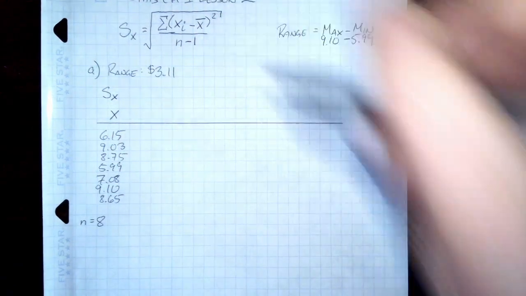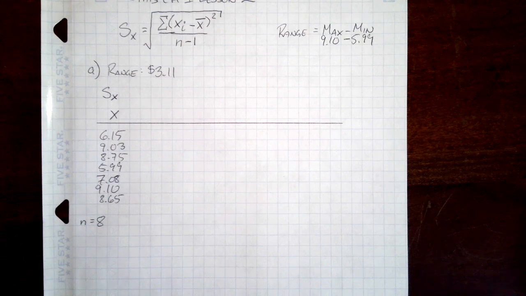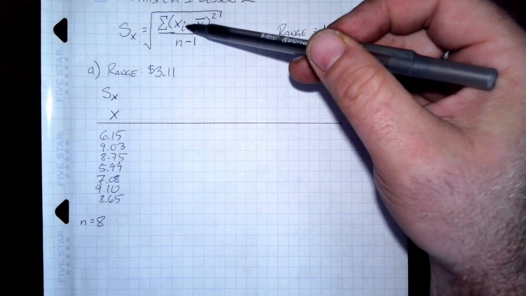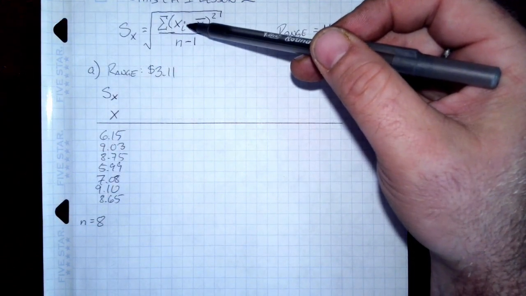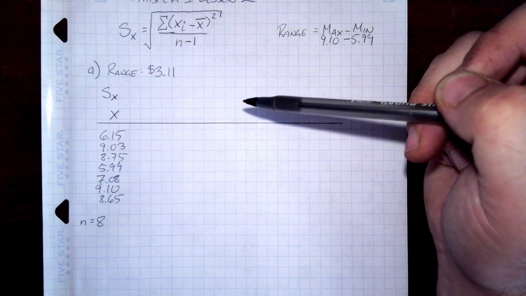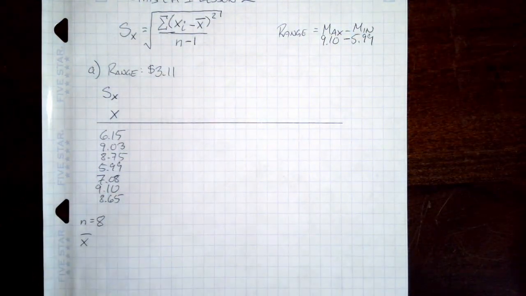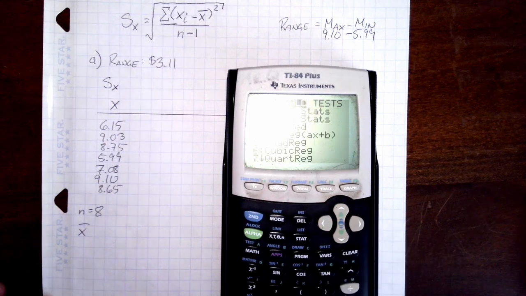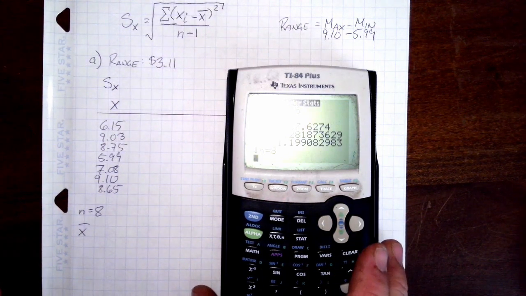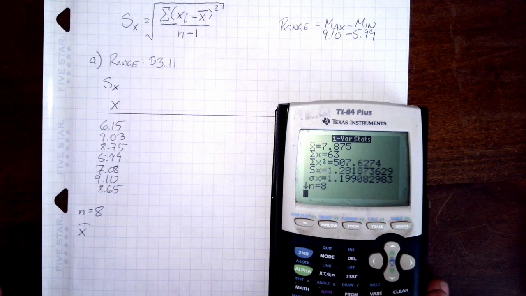That's going to go into the equation up here. We have each of our individual x values, x sub i. We need to find the mean as well. So the mean, stat calc 1, is 7.875.